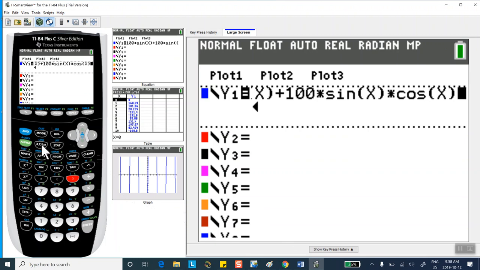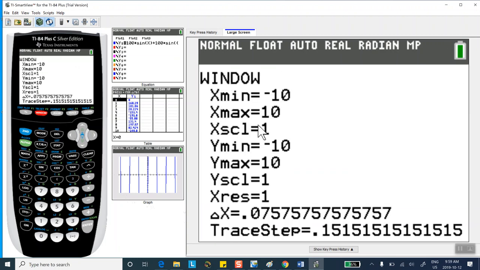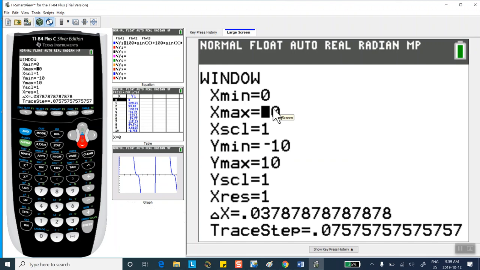Now I'm going to define the range x going between 0 and pi over 2. So where is the window? X is going to be 0, pi over 2. Now pi over 2 is about 3.14 divided by 2.